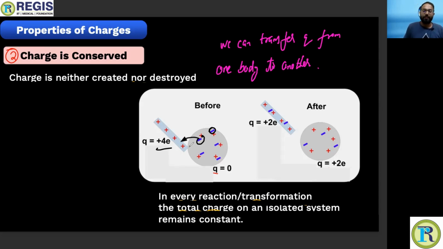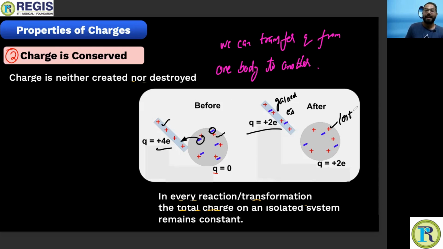So when we touch this rod with this sphere, it will acquire a couple of electrons. Let's suppose it has acquired 2 electrons. So now the charge of this rod will be plus 2e. It has gained electrons, and it has lost electrons.